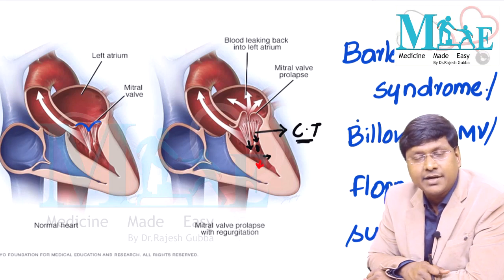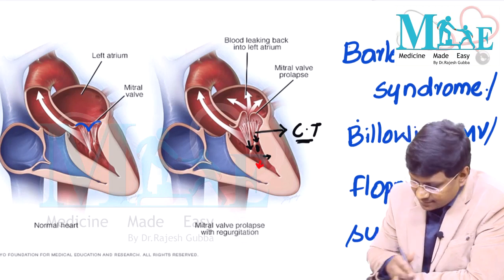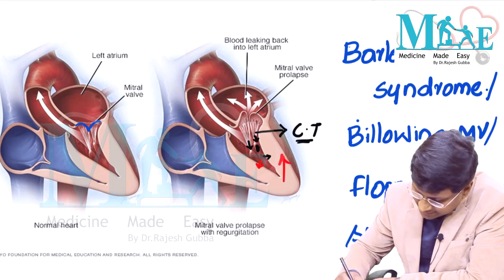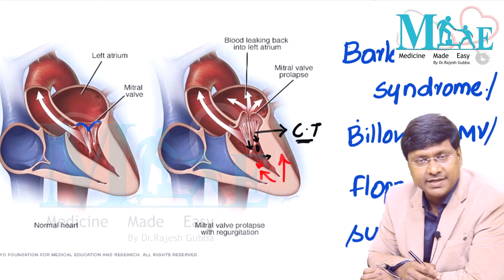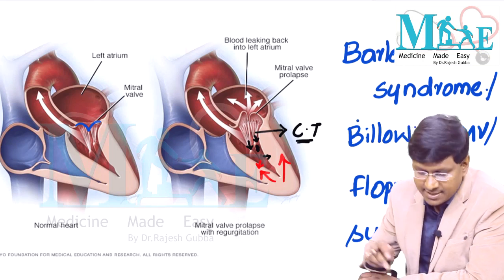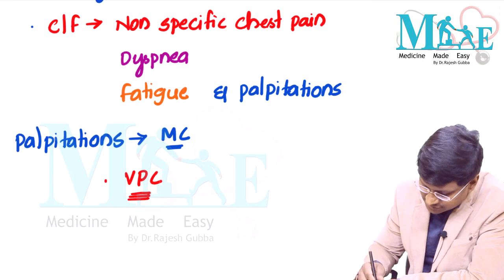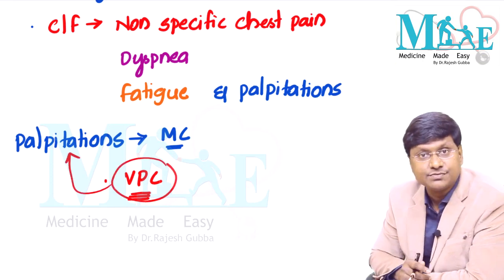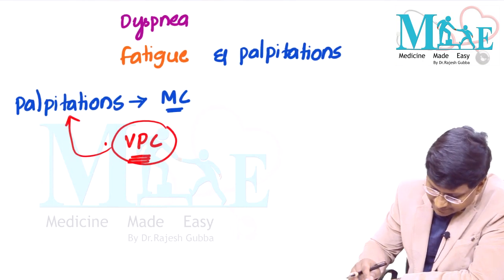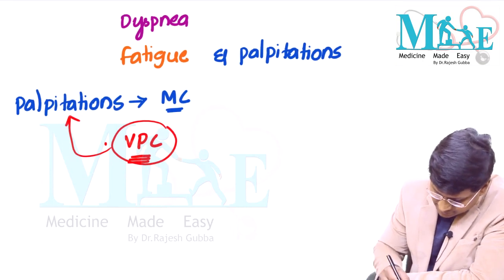Then this ventricle will get stimulated and there will be a ventricular premature beat. Because of the presence of these ventricular premature beats, these individuals will have palpitations. Is that clear? Now, after the palpitations, the next symptom is the chest pain.